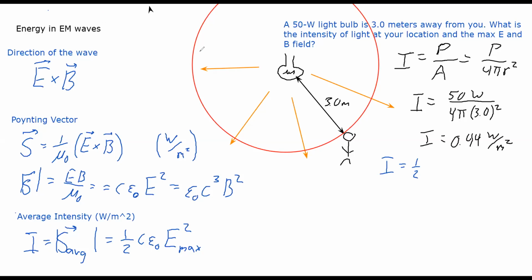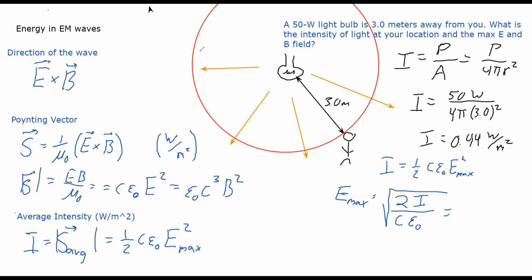So I'll use this equation, c epsilon 0 E max squared. Okay, so E max equals the square root of 2I over c epsilon 0.